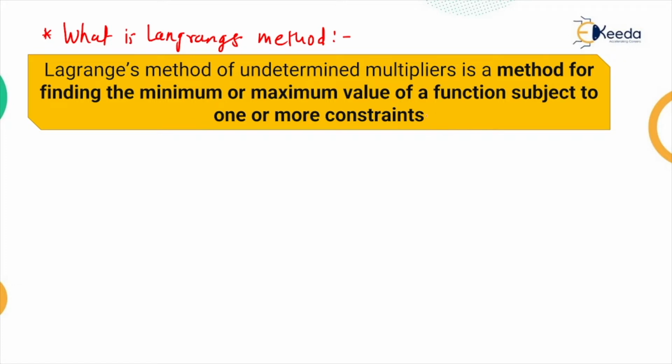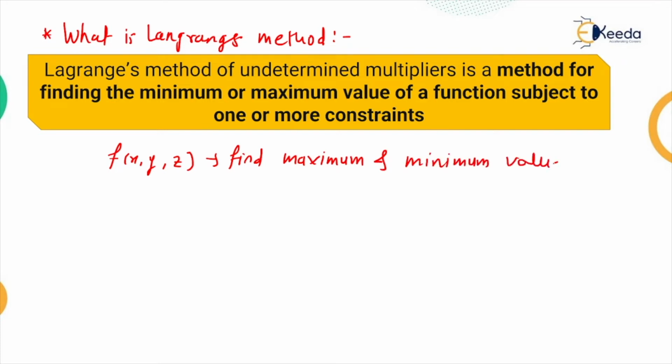That means there is a condition here. In this method, two functions are given. One is f of x y z, and you have to find the maximum and minimum value of this function.